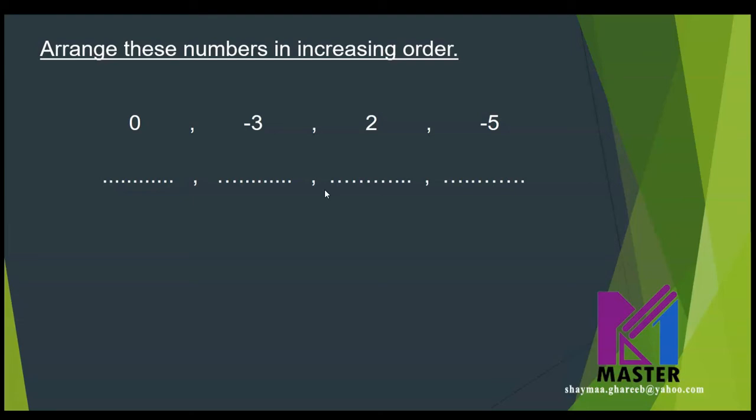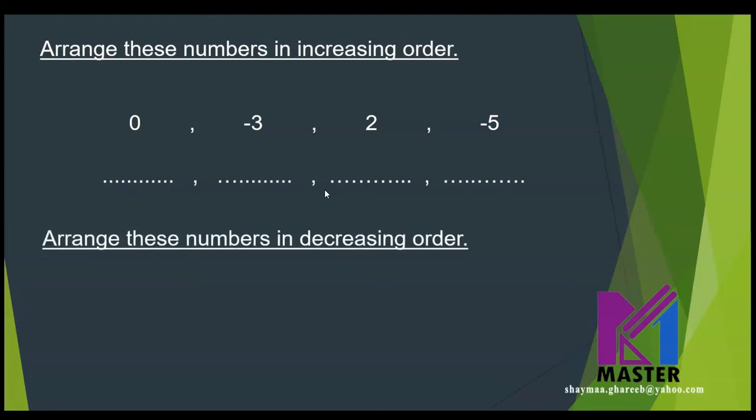So the smallest one here is, let's think together, and then you answer the next question. Arrange these numbers in decreasing order. And decreasing means starting from the biggest, and it's the same as descending.